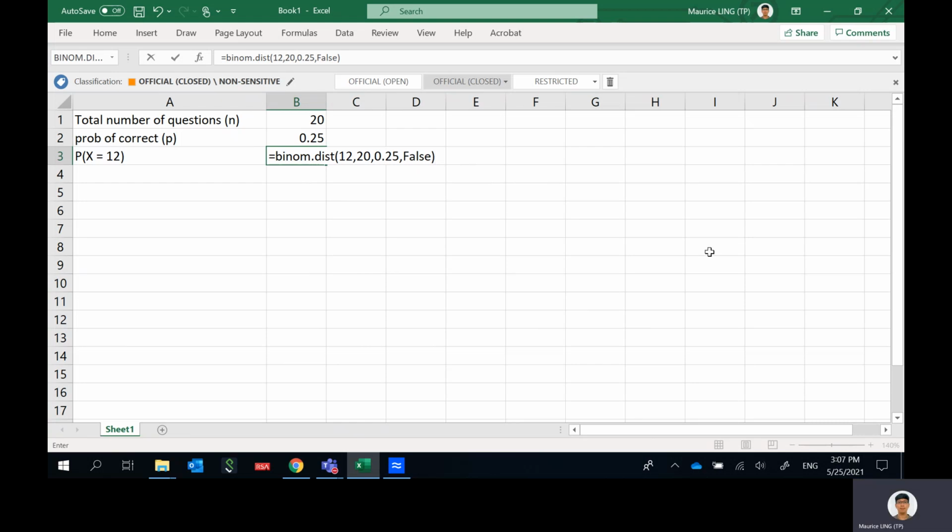So the probability of getting exactly 12 marks in this case is 0.00075, which means 0.075%. Okay, so that is the function first.